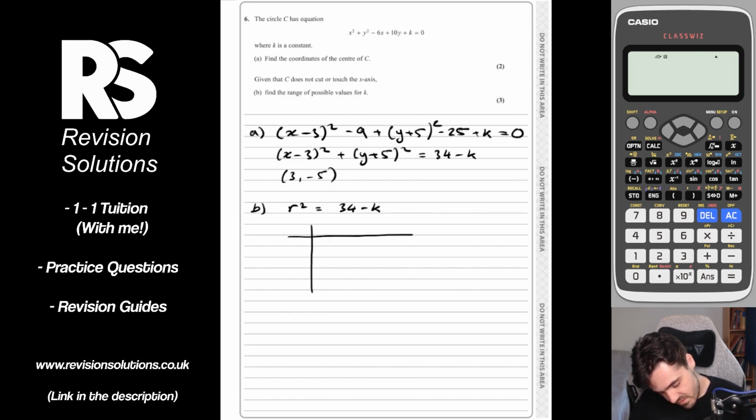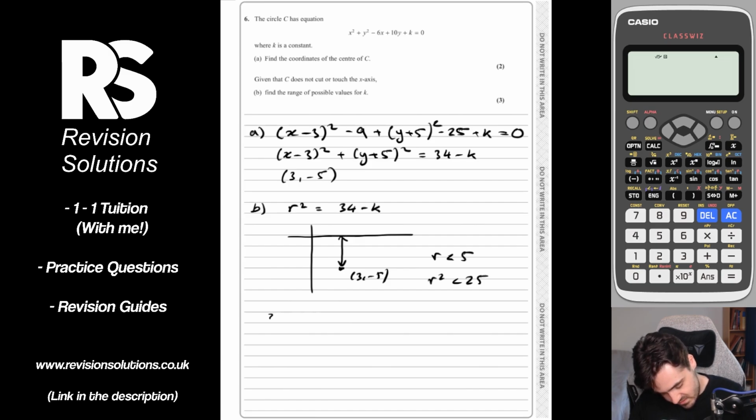So the center of 3, minus 5, let's say that lives about here, and we're not allowed to touch the x-axis here. That's 3, minus 5. So that means our radius is going to have to be smaller than 5. So r is going to be less than 5, which means r squared is going to be less than 25.